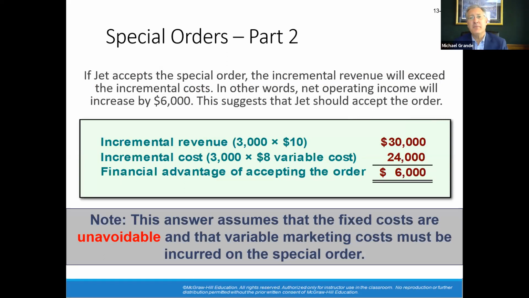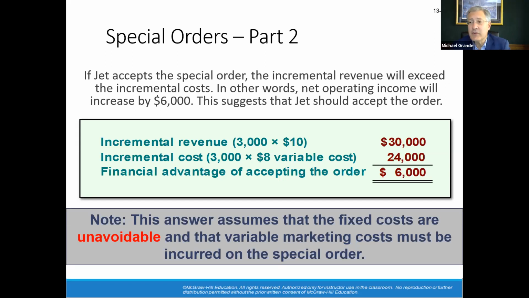If Jet accepts the special order, the incremental revenue will exceed the incremental costs. In other words, net operating income will increase by $6,000. So again, what comes in and what goes out just because they accept the special order. They're going to sell 3,000 units to this company at $10 a unit.